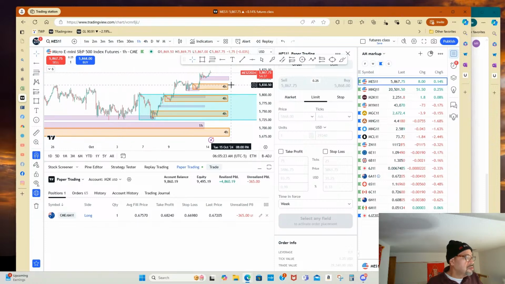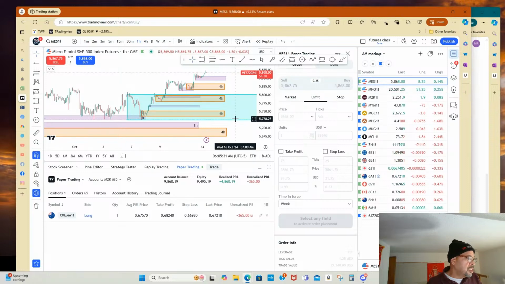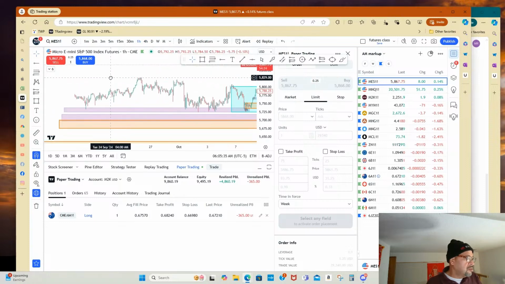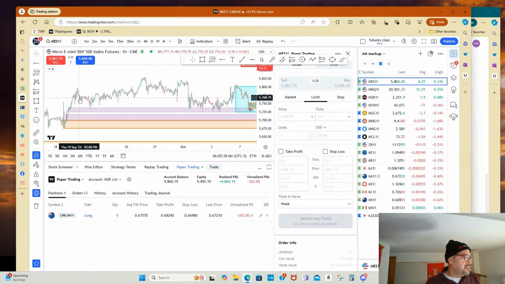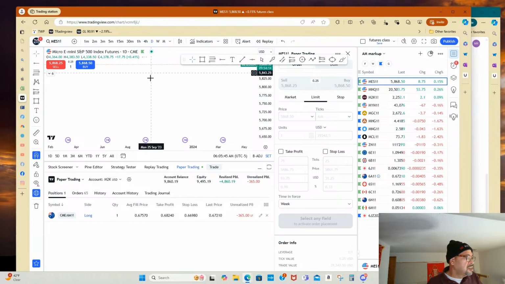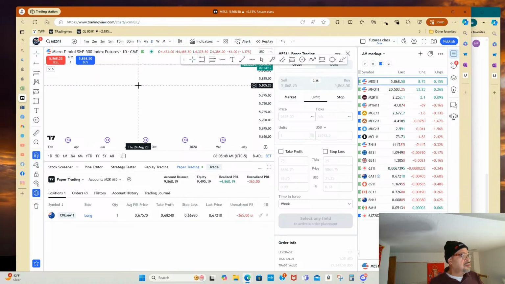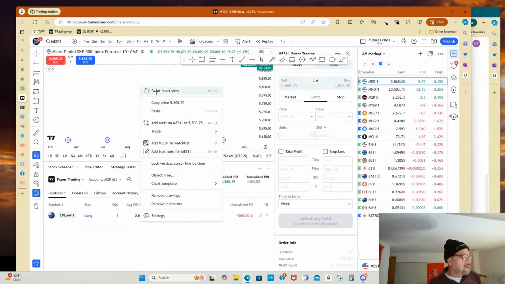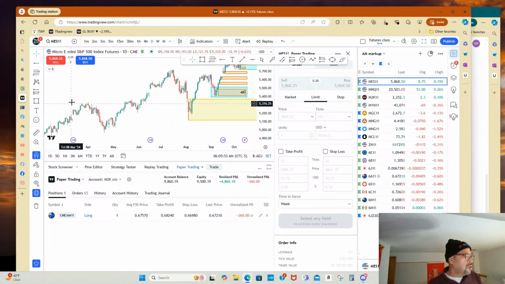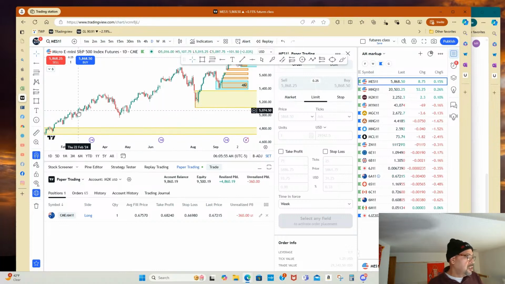But so like I'm marking up the ES1, which is, as I understand it, a continuous contract that melds in the fact that over the course of this year, well, that's on a 1 hour, it takes into account like the whole year, even though going back here to February, that was like 3 contracts ago.